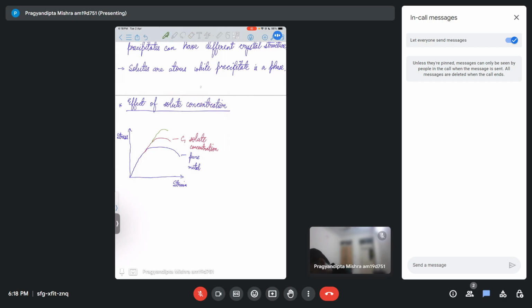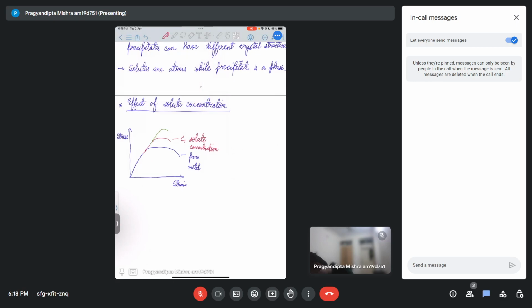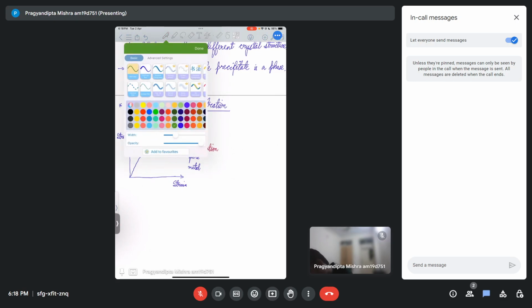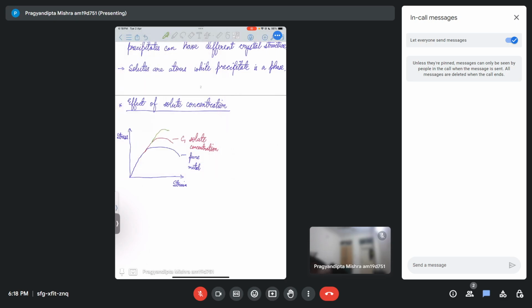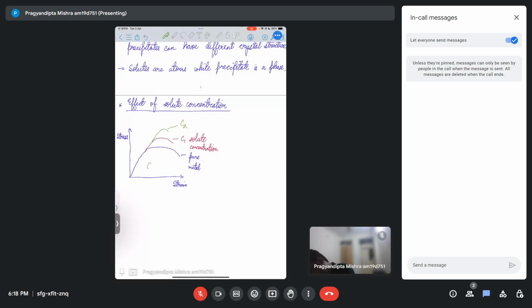Let's make C1 a little bit longer, so that you can clearly demarcate where C1 and C2 end. So this is C2. C2 concentration is higher than C1 concentration.